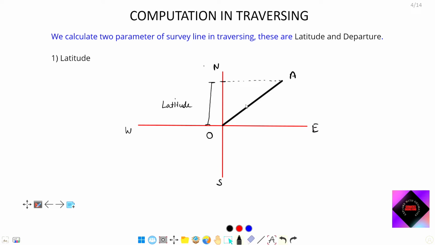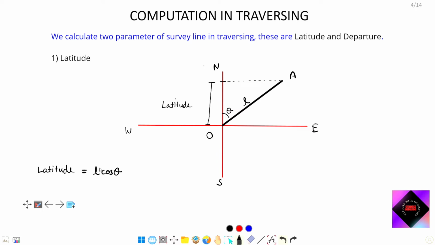How will we calculate that? As I have said, in traversing we measure linear measurement like length, and also angular measurement, theta. So using this L and theta, we can calculate the latitude as L cos theta. Latitude is equal to L cos theta.